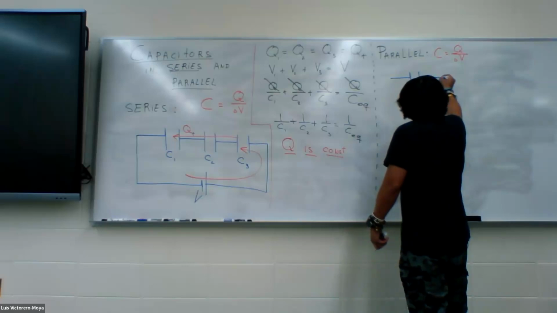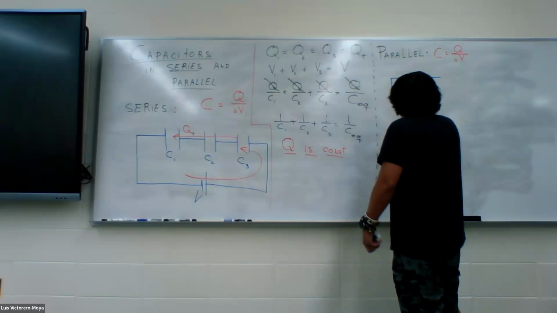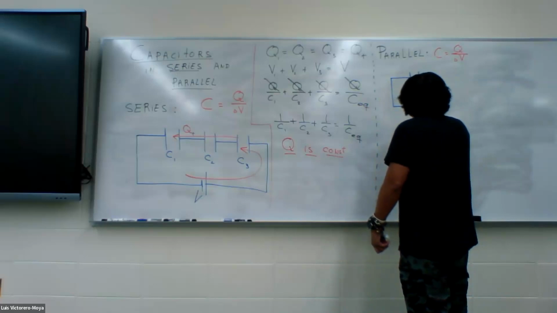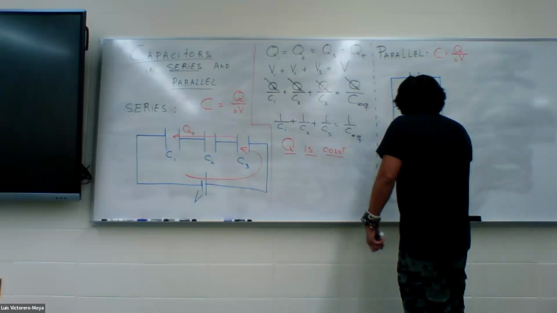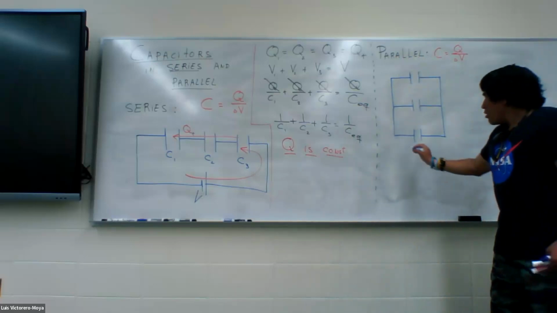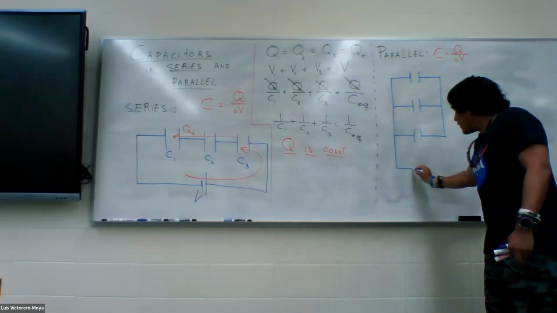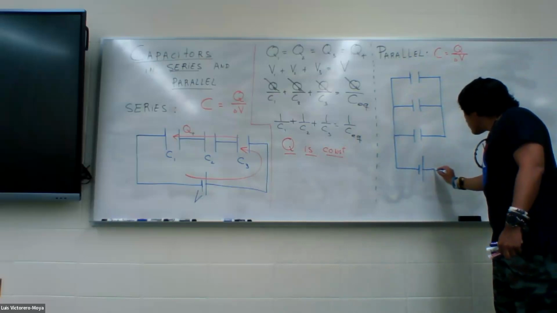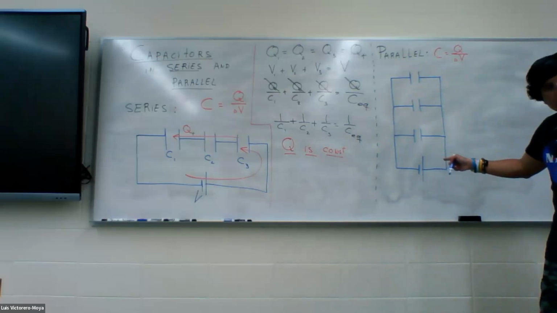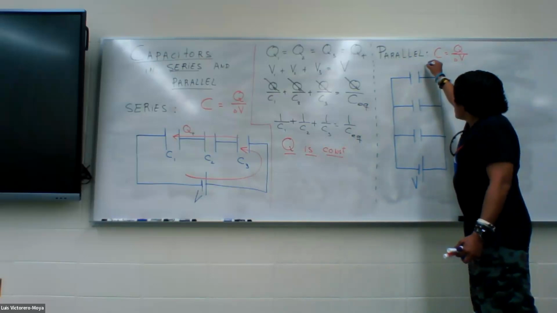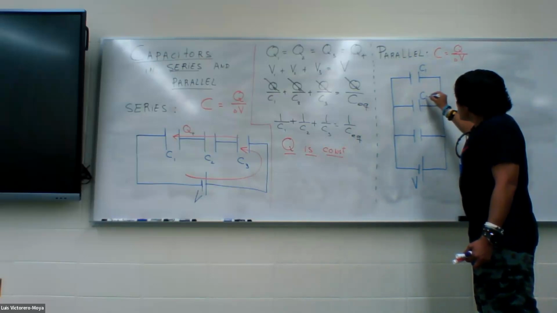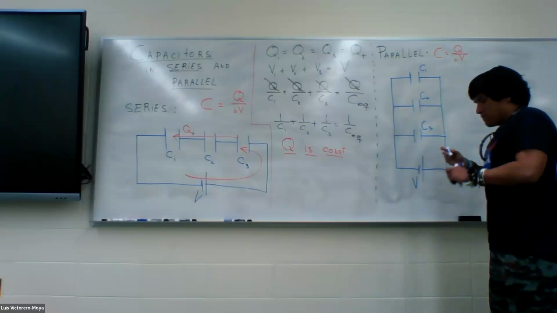Okay, capacitors in parallel look like this. Capacitor 1, capacitor 2, and capacitor 3. And they are all connected to a battery like that. That's your V, C1, C2, C3.